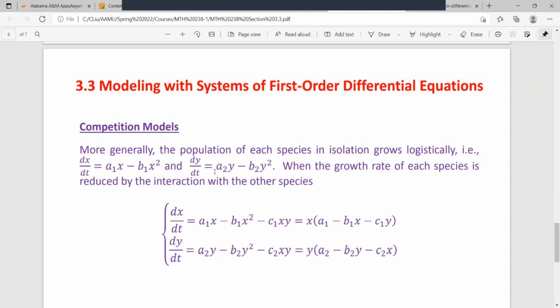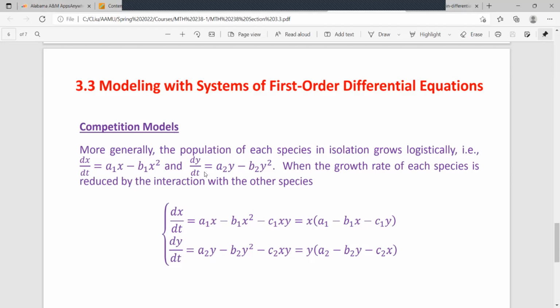So these are two realistic models of population without any effect or interaction with other species.